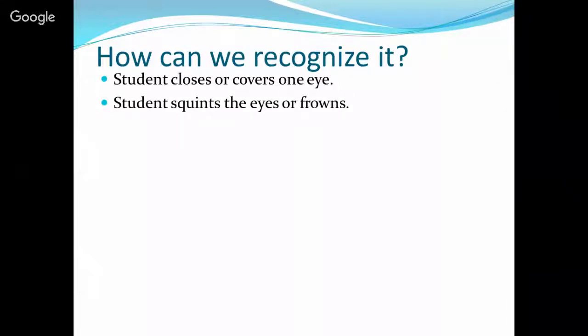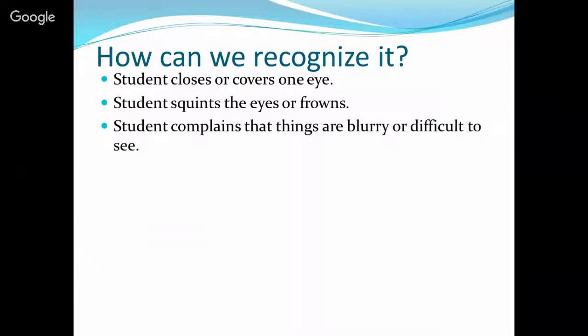They could squint, and because of that, they'll probably frown because they can't see what you're trying to teach them via the board or presentation. They'll complain. Children and adolescents usually are very vocal about what they can or can't see, or what they can and can't do, assuming that they're vocal, or they'll just remain quiet and they won't say anything.